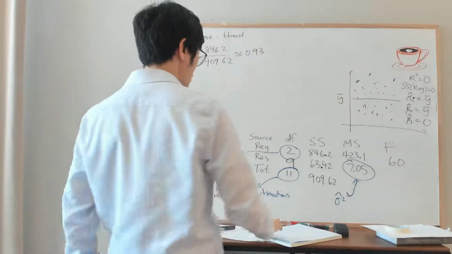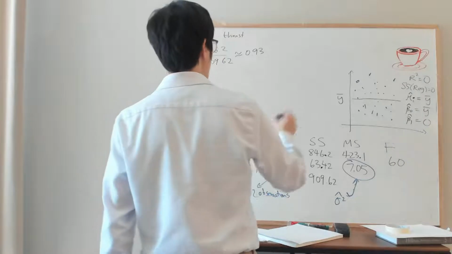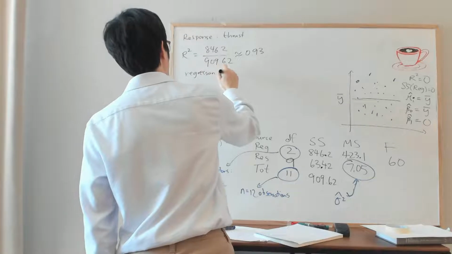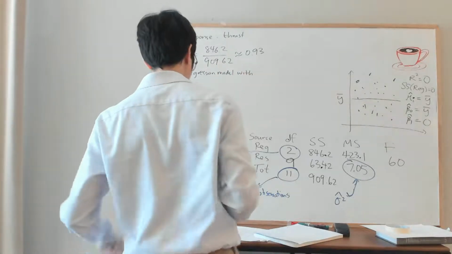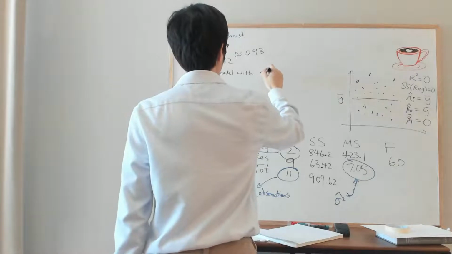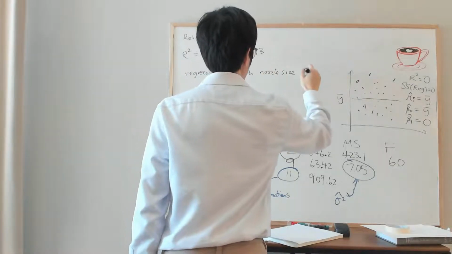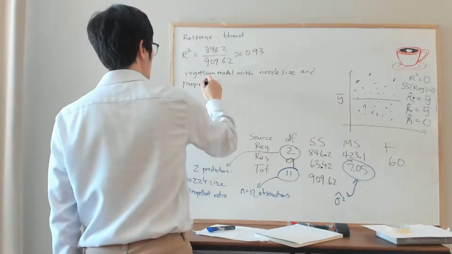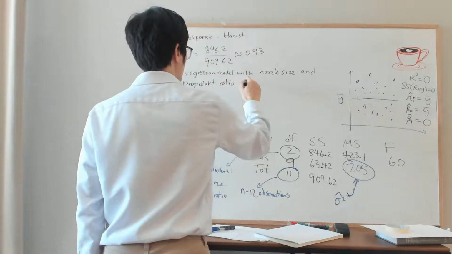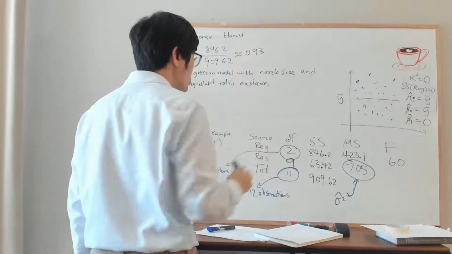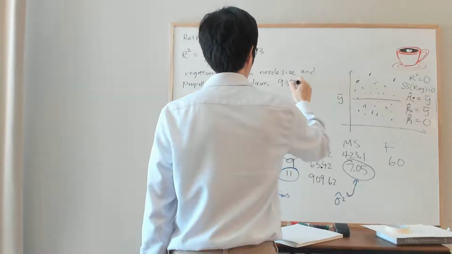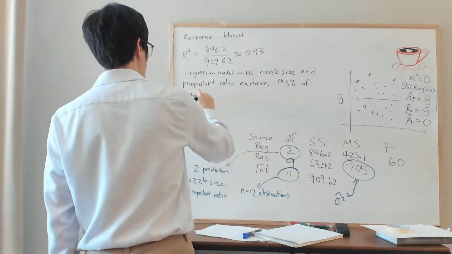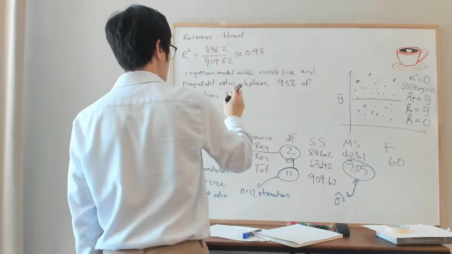From what we said, that means the regression model with these two predictors, nozzle size and the propellant ratio, explains 93% of the variation in the response, which in this case is thrust.